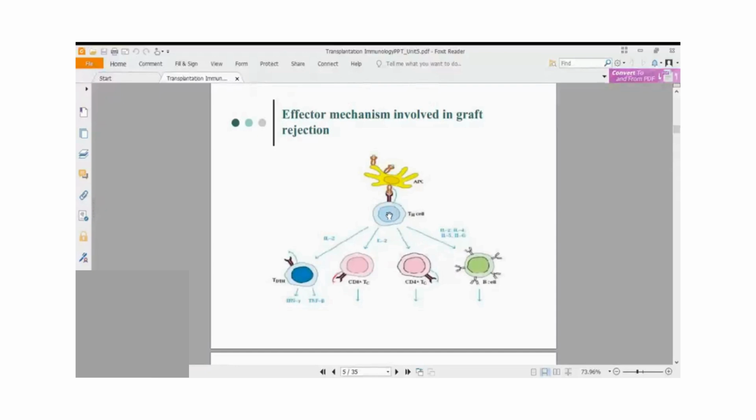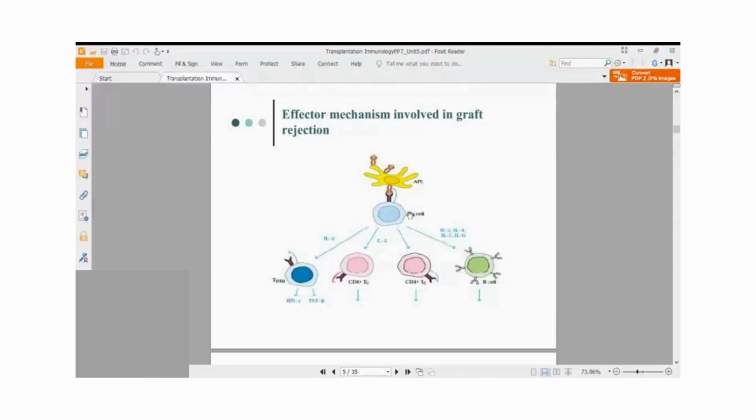The TH2 cells, which are formed as the clones of that sampled antigen, will start secreting cytokines like IL-2, IL-4, IL-5, IL-6, which are responsible for the activation of B lymphocytes in the recipient.